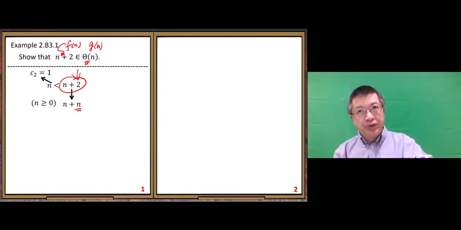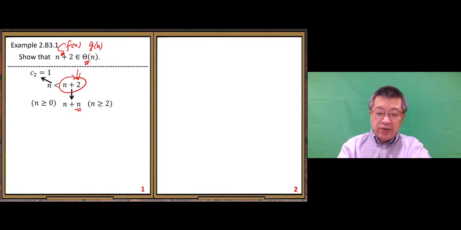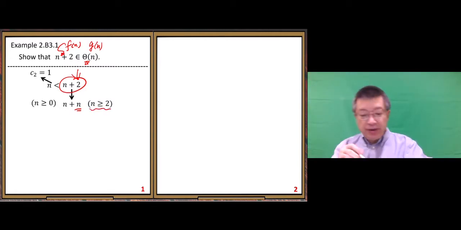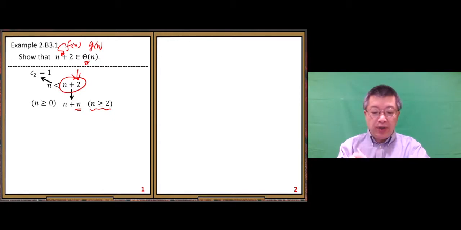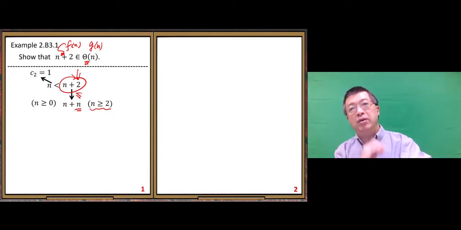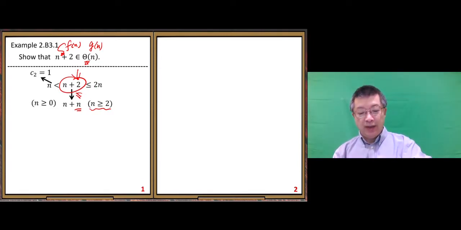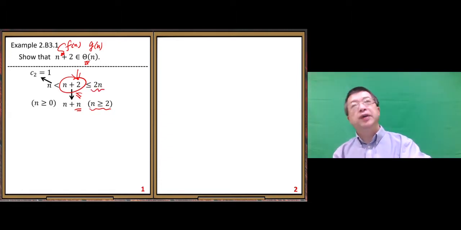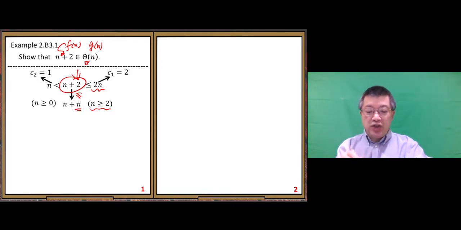For that to be true, we need n greater or equal to 2. So we get the upper bound n plus n, which is 2n, and the C1 constant equals 2.